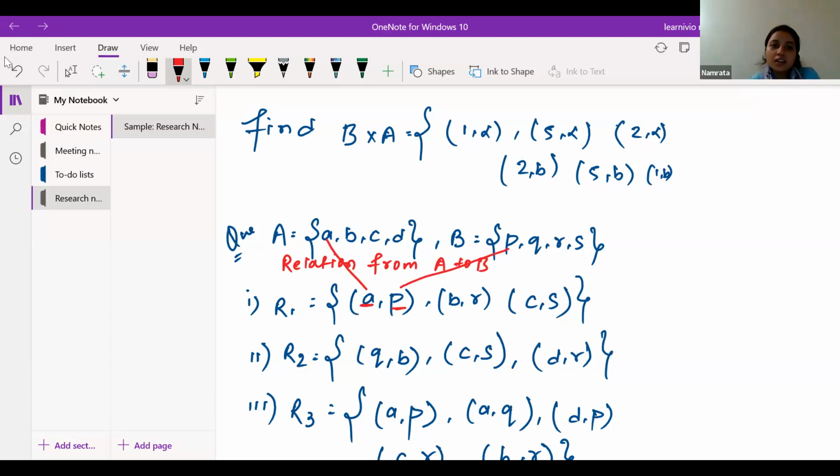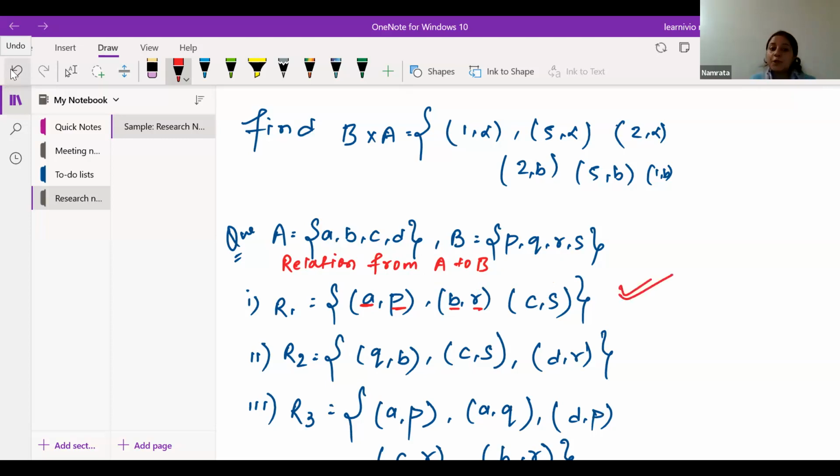Let's see the other ordered pair. B with R, one of the element of set A with another element of set B. That can also be the case. Now let's see the third one, one of the element of set A, then another element of set B. That can also be the case. So this is a relation. Here we can say R1 can be the relation.